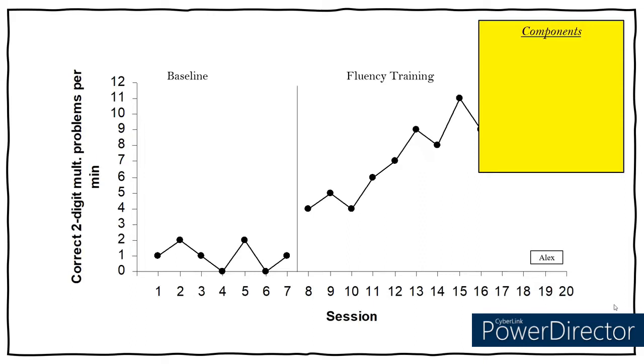So, we can really clearly see what's going on with the learner and the specific behavior that we are taking the data on, and it allows us to communicate better between different people involved in the intervention. So, all these are the reasons why we graph all our data in ABA and try to present it on the graph.